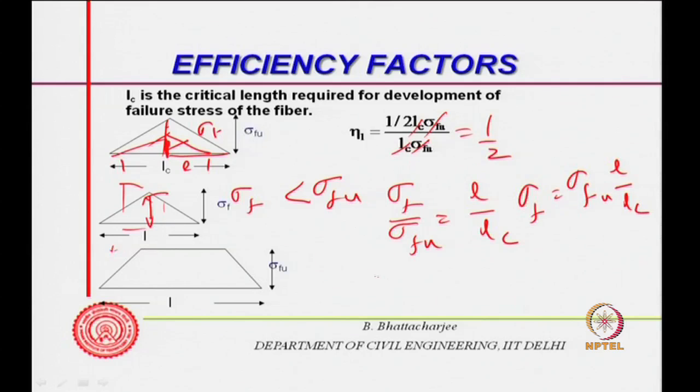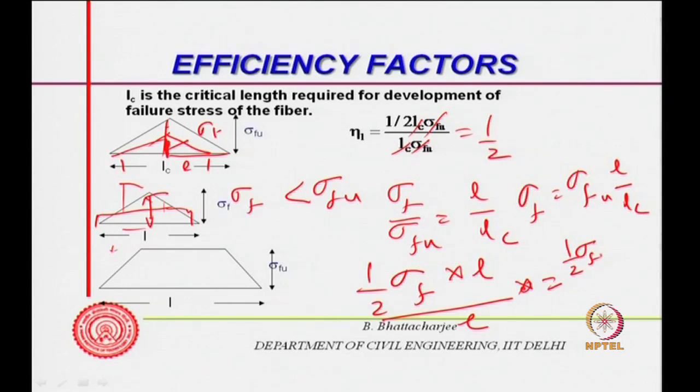So, what will be the average stress here? The average stress will be half sigma f into L, divided by L, and this divided by sigma fu gives me the length efficiency factor. So, sigma fu will cancel out, and one L will cancel out.